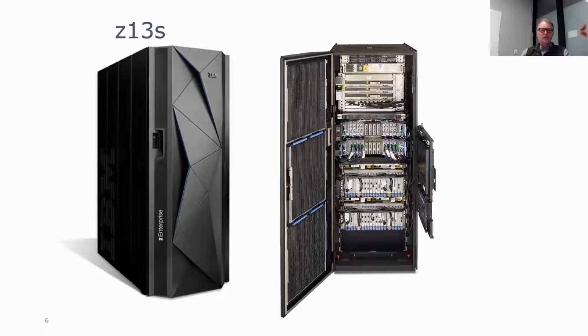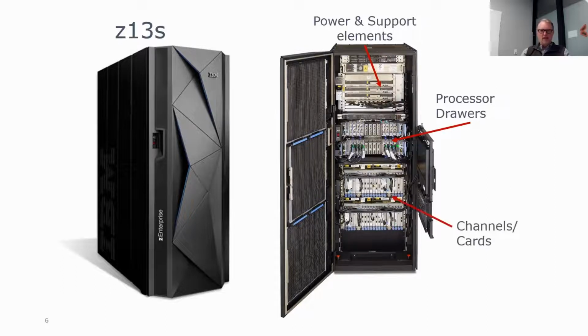I guess in Europe, it would be an enormous refrigerator. The top parts of this machine are the support elements, power and other things that go into it. The middle part here is the processor drawers, and I'm going to go into what that means. And then at the bottom, there are some channels and some cards that are plugged in that allow you to do some things. I'm going to go into a little bit more detail on that.